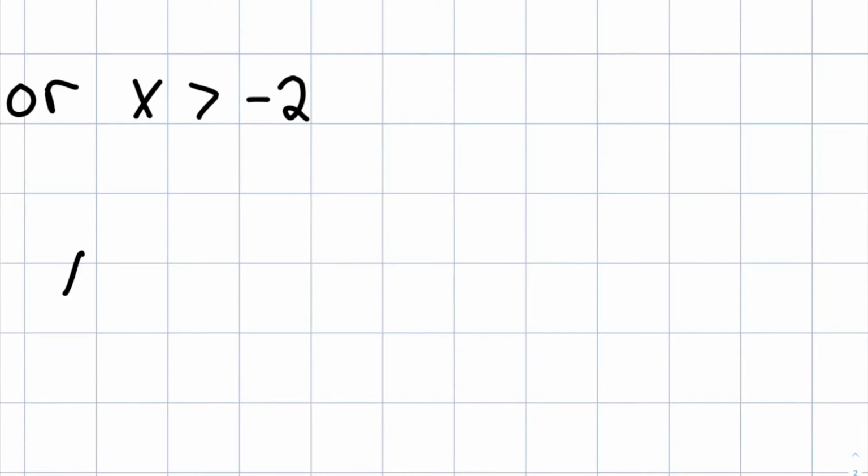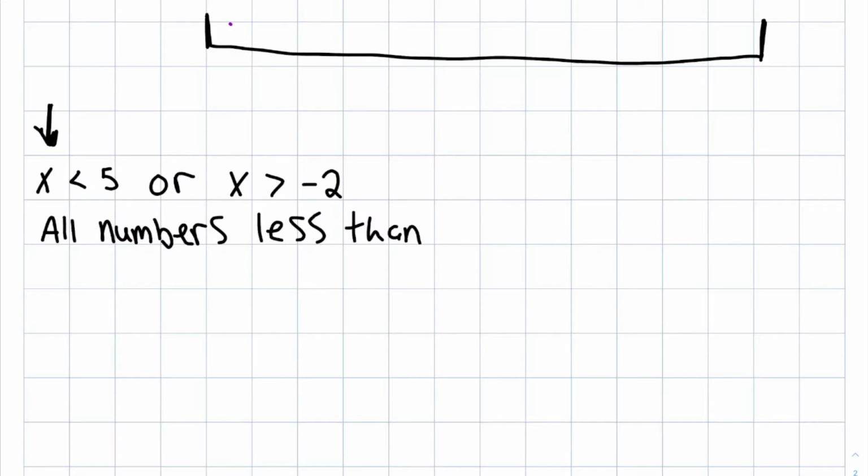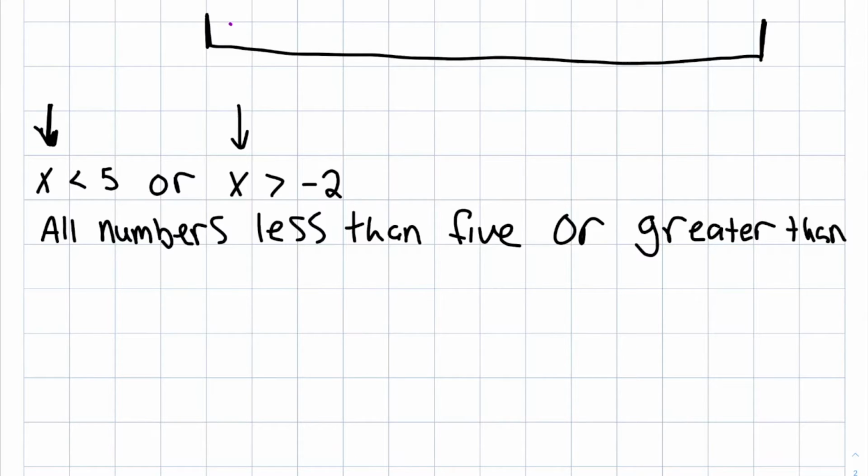So I'm going to write that. Or, and now we read the second part, all numbers greater than negative 2. So I'm just going to put the greater than negative 2, or negative 2 if we write it all the way out.